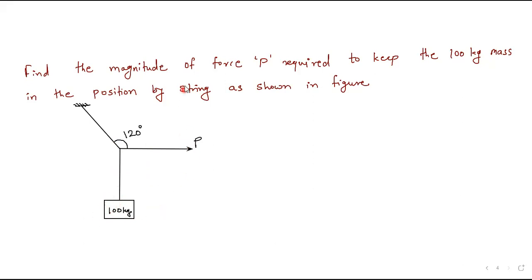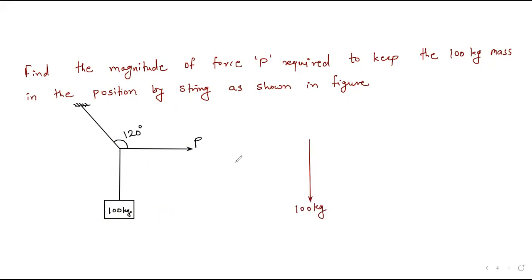Now if I try to draw the free body diagram, first of all I will draw this downward force, which is the weight of 100 kg.